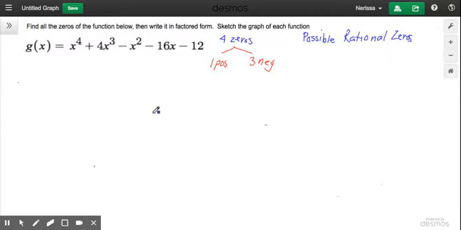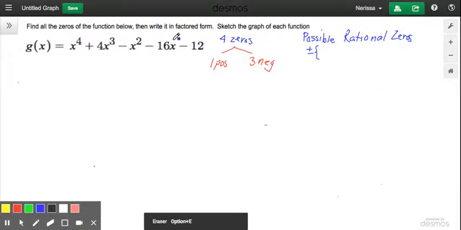What we observe is that the constant term and the leading coefficient will help us determine these numbers. So we are going to include positive and negative of those numbers that we are going to generate. So how do we generate these numbers?